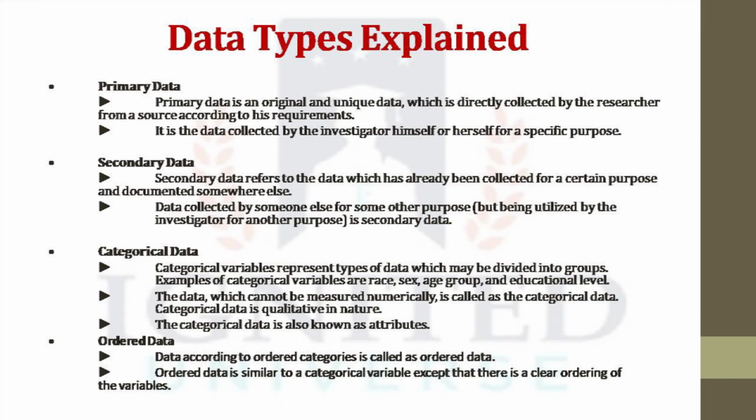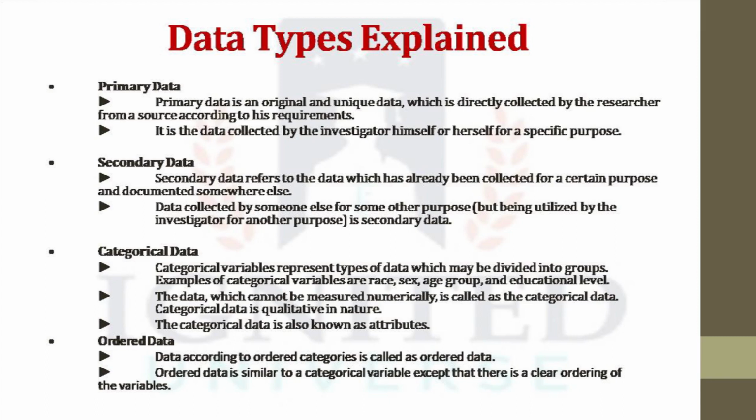So, categorical data is known as attribute-based data. As per hierarchy, if we move from categorical data, then we have the next data as ordered data. The data which is categorical but is now ordered into some sequence becomes ordered data.